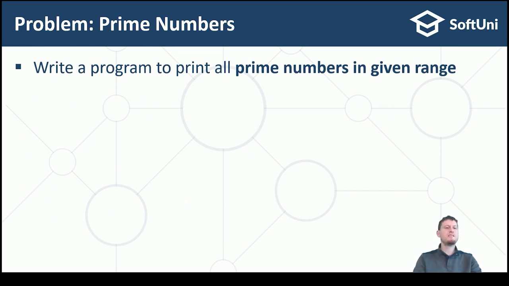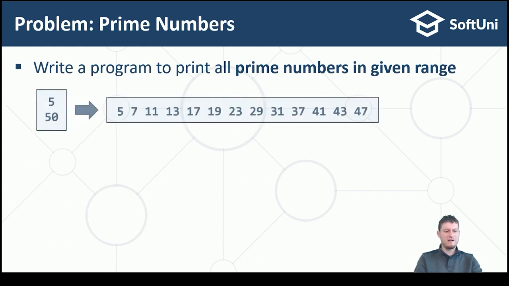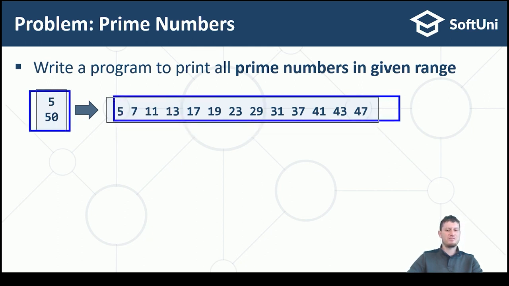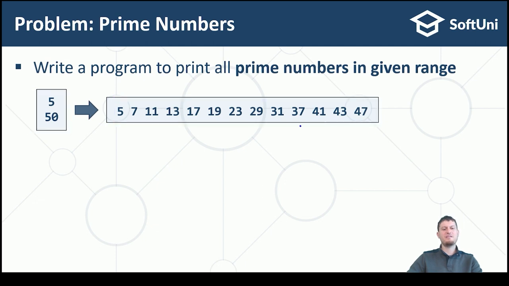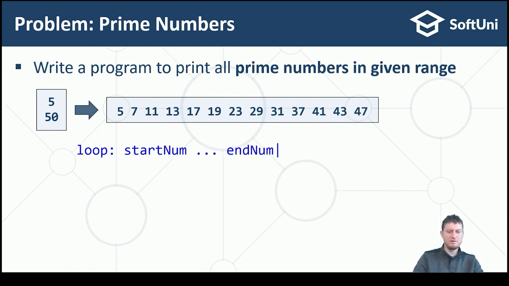It's about writing a program to print all prime numbers in given range. So we have given range, for example, from 5 to 50. These are the prime numbers in this range: 5, 7, 11, 13, all these are prime numbers. So we need to have a loop from start number until the end number.